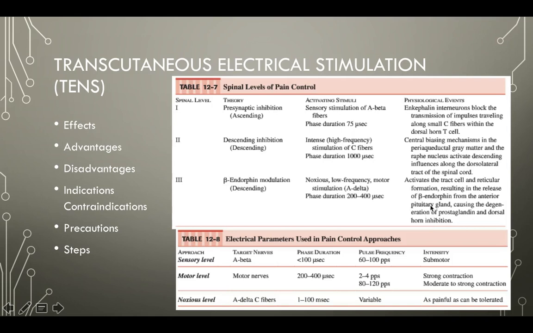And so we tend to get longer pain relief with these two mechanisms than we do with level 1, which is really only during the treatment. So the effects are basically based on pain relief, and the parameters help us set which type of pain relief we can target.